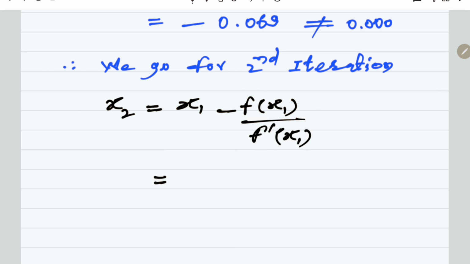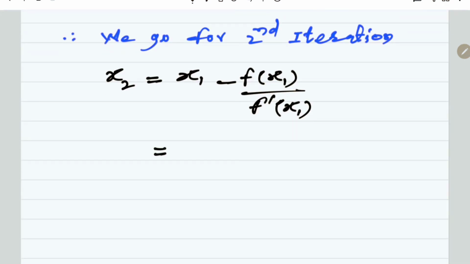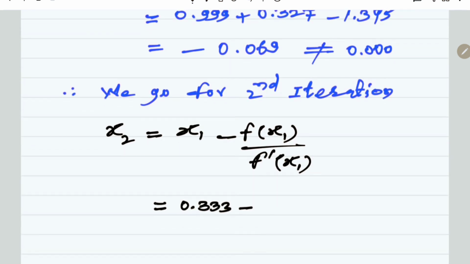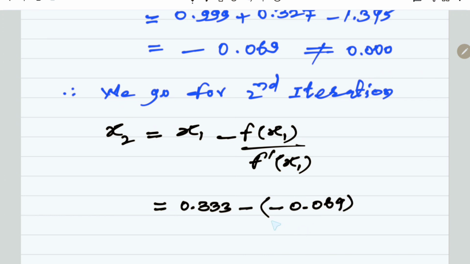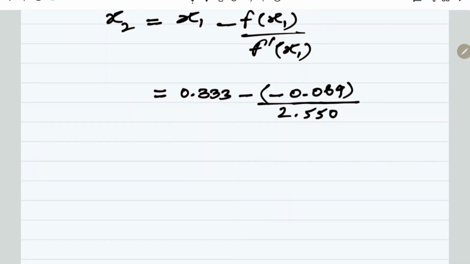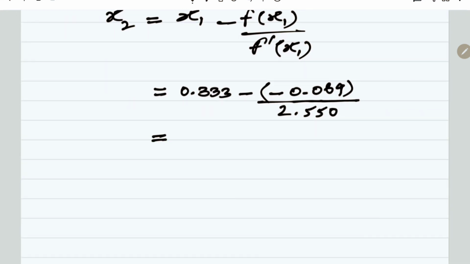It is x1, the value of the previous step, 0.333, minus f of x1, which is minus 0.069, by f dash of x1, which with the help of equation 2 we get as 2.55. If you simplify this, we get 0.360 as the value of x2.